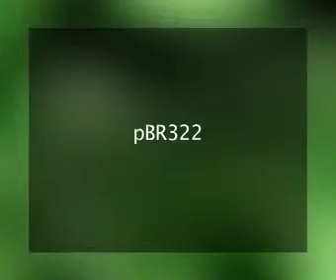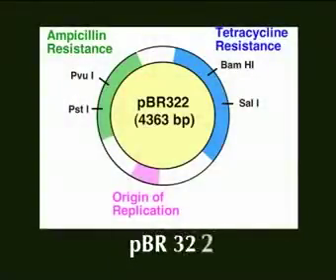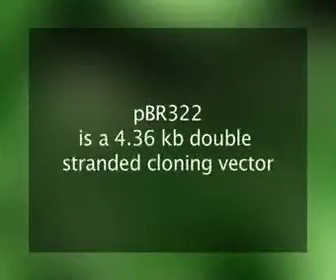pBR322. This was one of the first artificial cloning vectors to be constructed and is undoubtedly the most widely used cloning vector till now. It is a 4.36 kb double-stranded cloning vector.